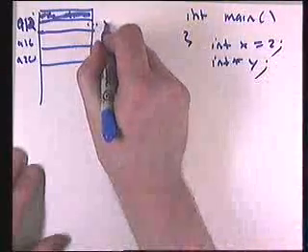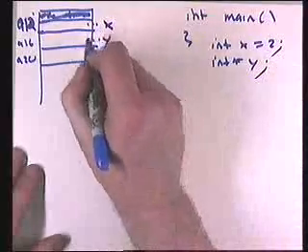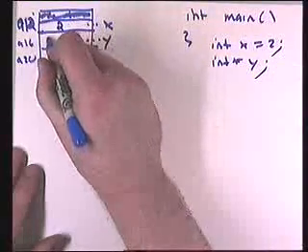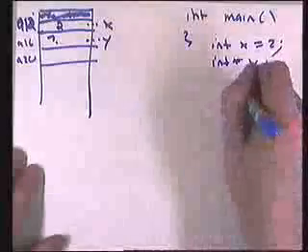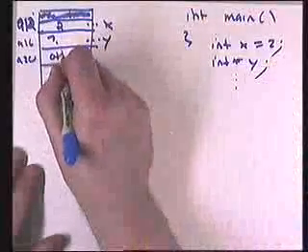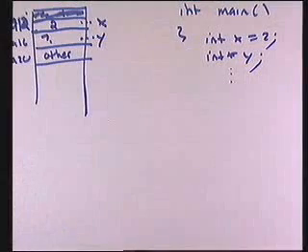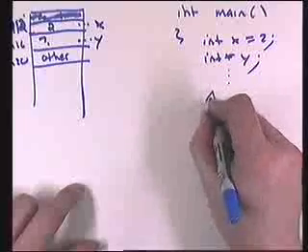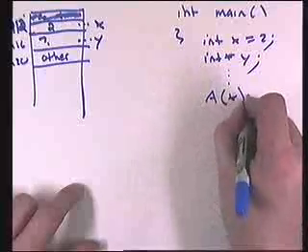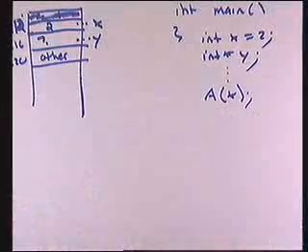So we've declared x and y, and we've written 2 into x, and y right now is garbage, and then there may be a bunch of other stuff as well. Then, after doing a bunch of other local declarations, we call the function a, and we pass x.